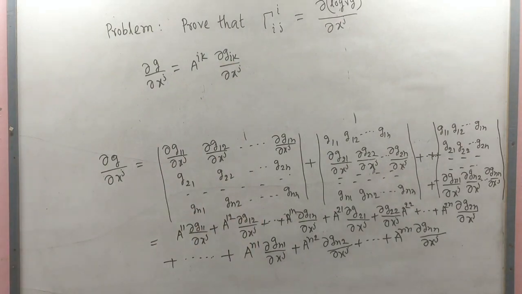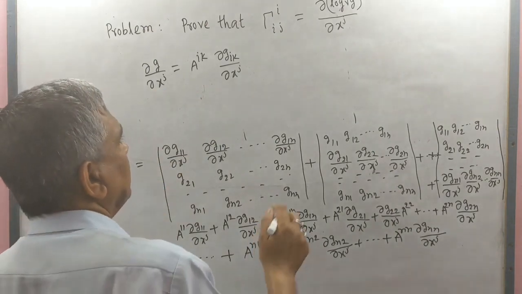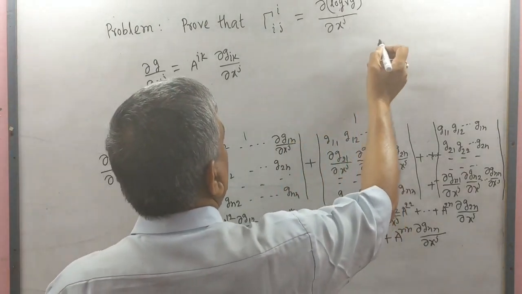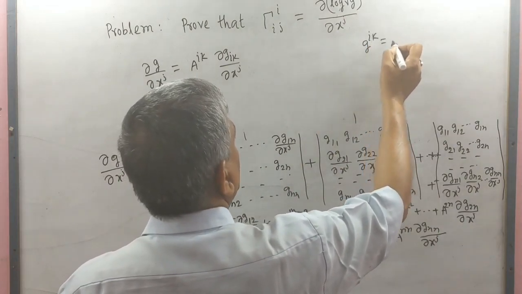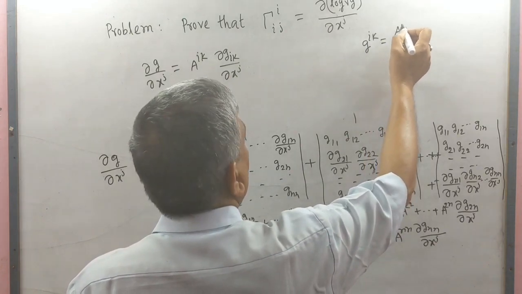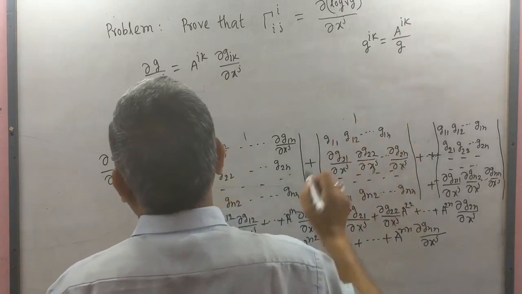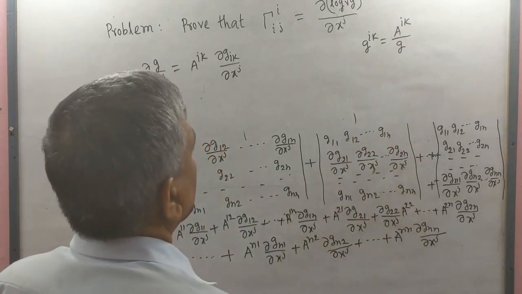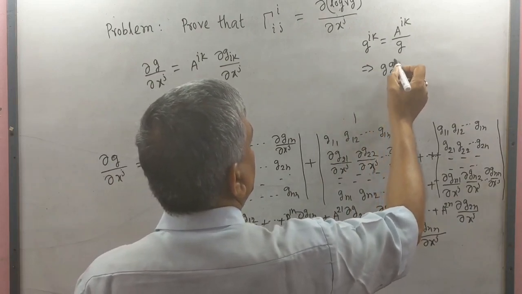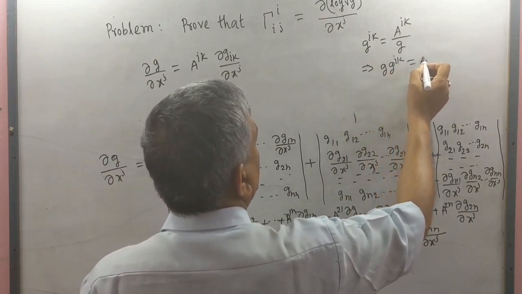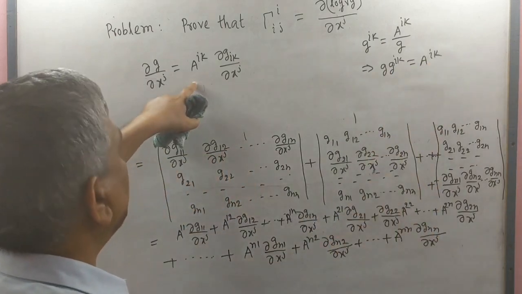Here this is the cofactor. We know that the conjugate tensor g^ik is equal to cofactor Aik by the determinant value, so we may write g^ik equal to Aik by g.